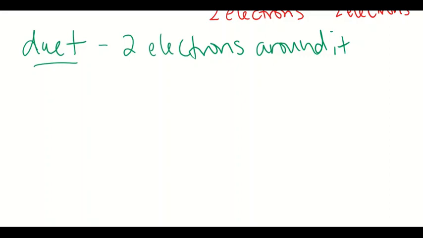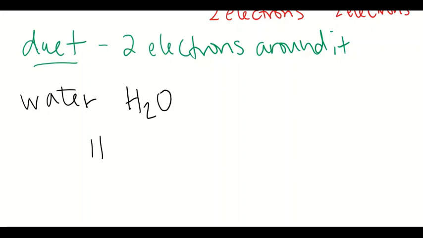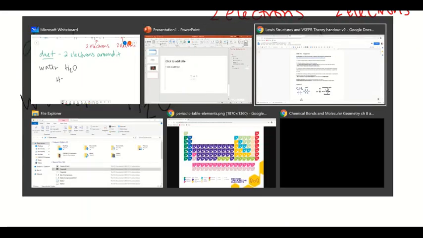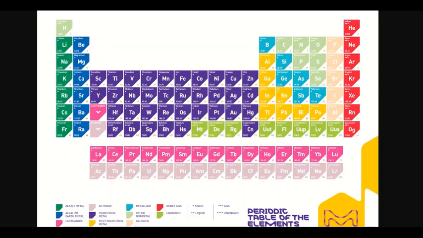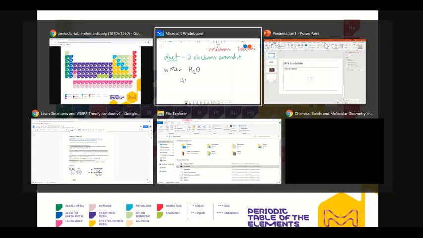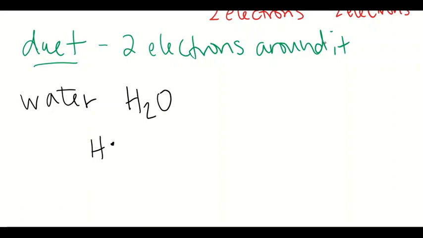So let's try another Lewis structure. So water is H2O. So remember, hydrogen has just 1 electron, and then oxygen up here in the corner, we have 1, 2, 3, 4, 5, 6. So that means that oxygen has 6 valence electrons.